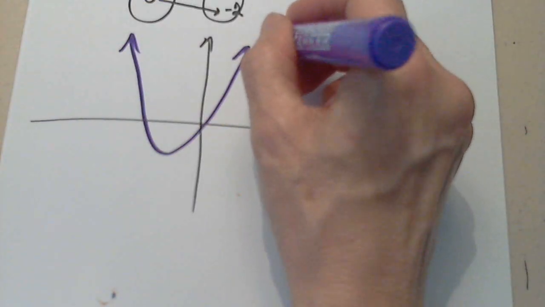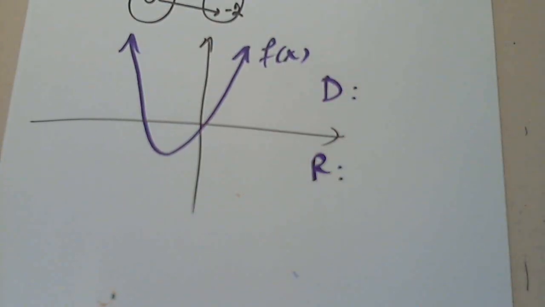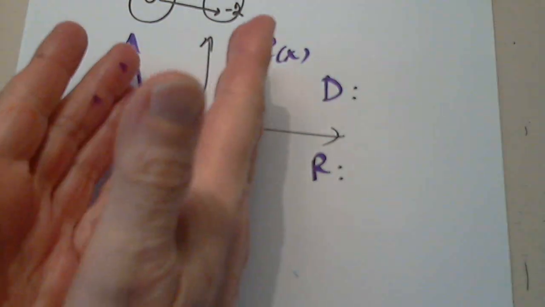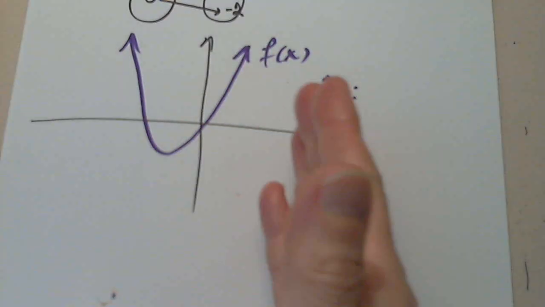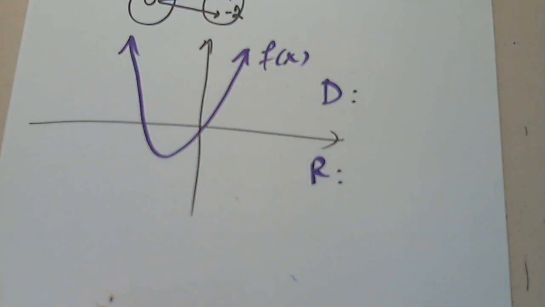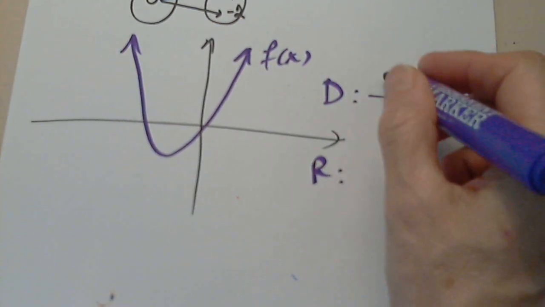Not exactly, but this is f of x. So we want to find the domain and we want to find the range. The domain means, first of all, we measure it on the x-axis, since it goes on forever. The domain exists from -infinity to infinity. Yes, because of the arrows, the domain is written as -infinity to infinity.